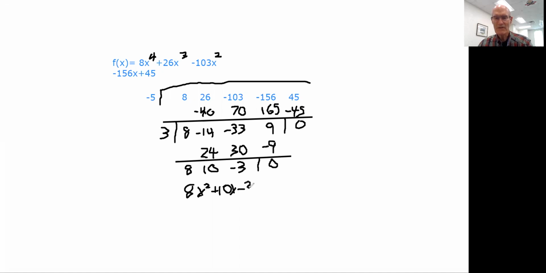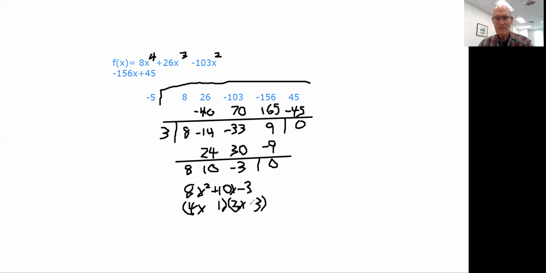If I try to factor this, I'm dealing with 24, so I'm looking at the factors of 24 that have a difference of 10. 3's only got one set of factors, so I'm going to put a 3 right here and a 1 here. To get a 12, I have to multiply this 3 by 4 up front. So this is 4x, and that would make this 2x.